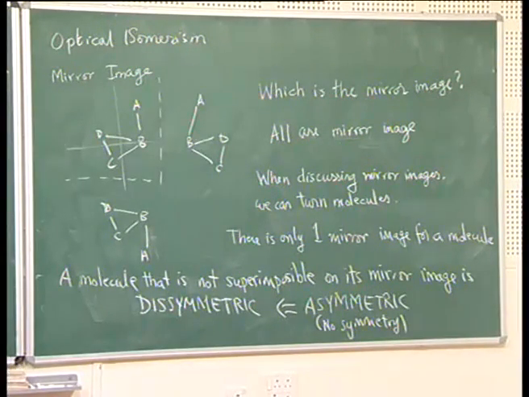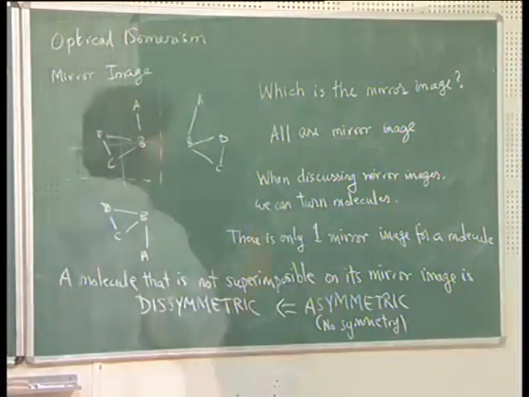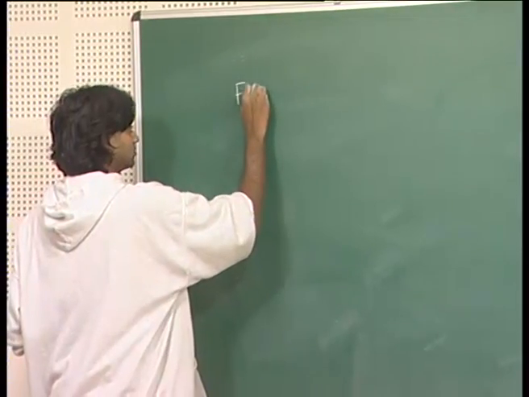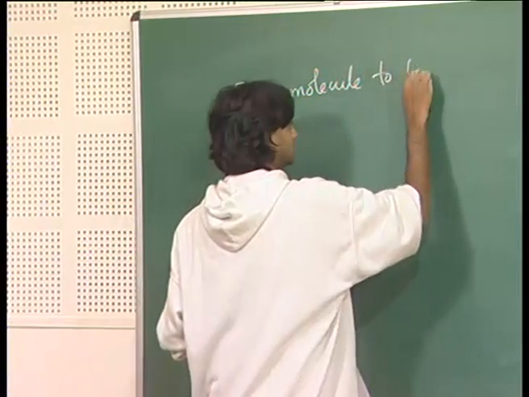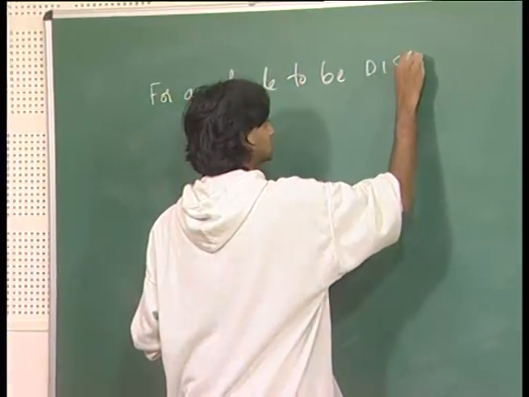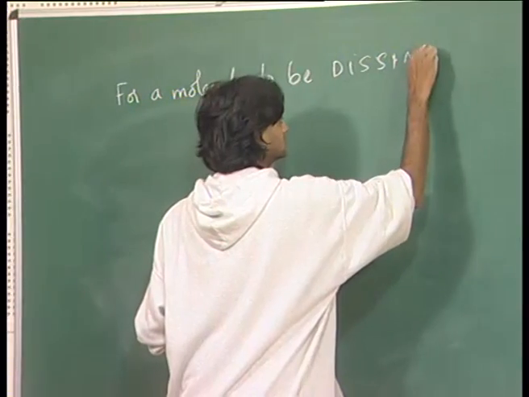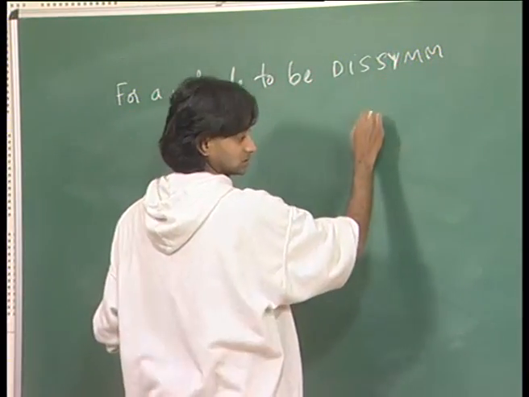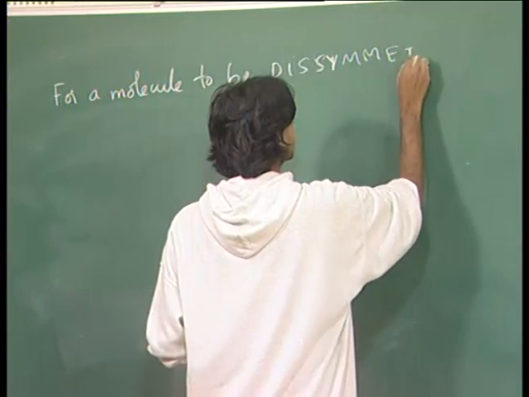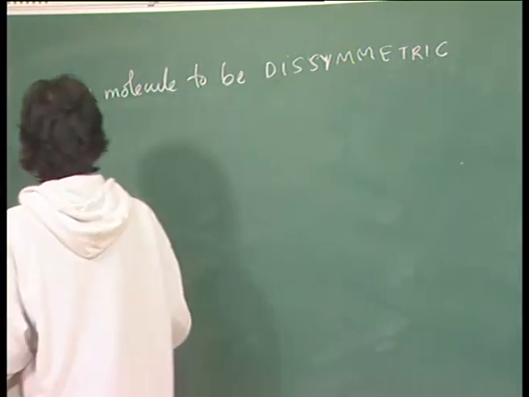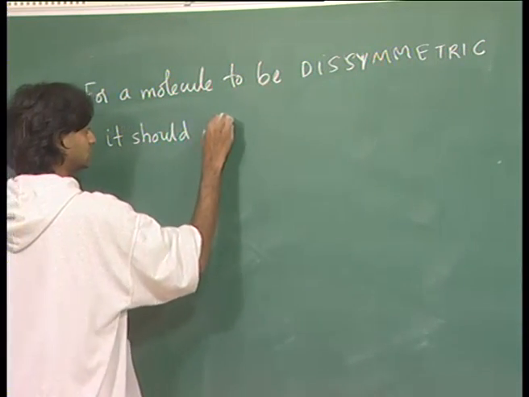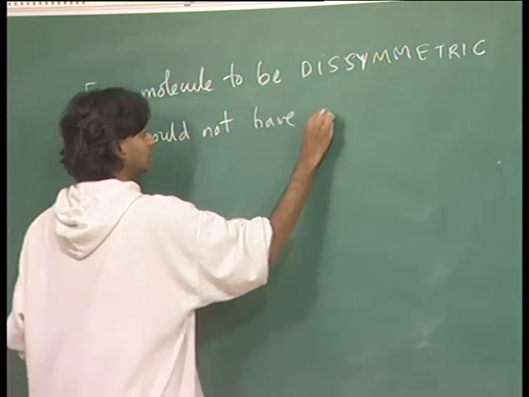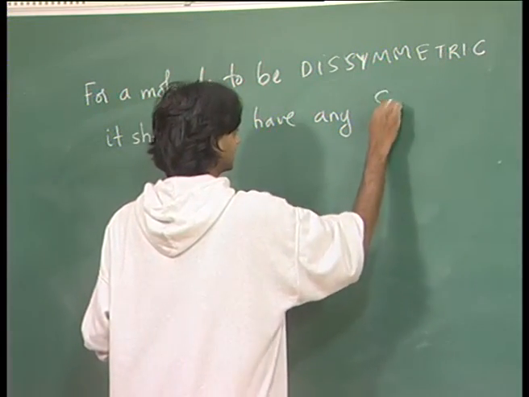Okay. So, what is the condition for a molecule to be dissymmetric? For a molecule to be dissymmetric, it should not have any S_n.